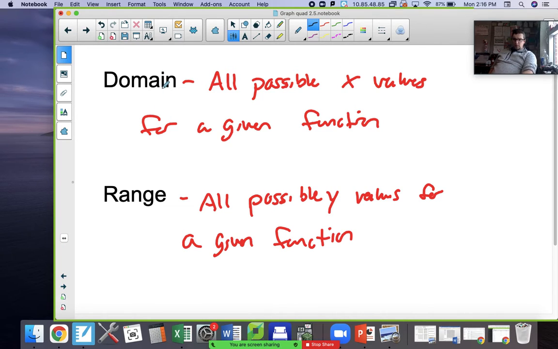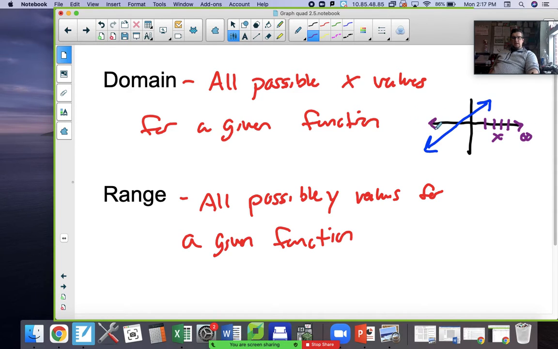For the most part, the functions that we're going to see, you're allowed to plug in any and all x values. For instance, if we had a linear equation right here, and I allowed this line to go infinite in either direction, it is going to cross over every single x value from here into infinity.